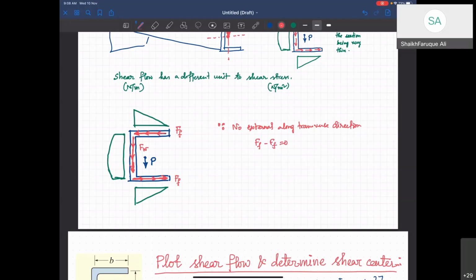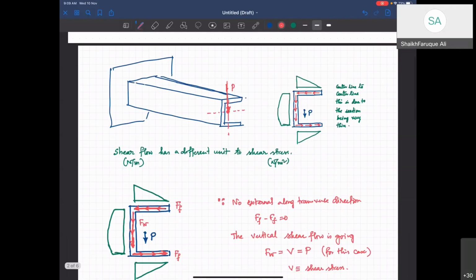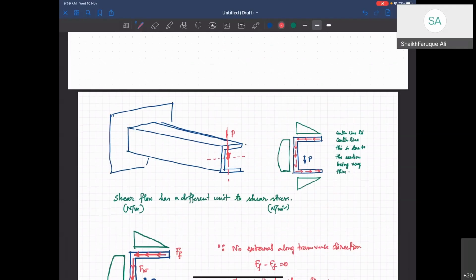But the vertical shear flow, F_W, which in the book they write as V, is going to be equal to P in this case. Okay, it's going to be equal to V. V is the shear force. In this case, it is P because we have one point load for a cantilever beam.